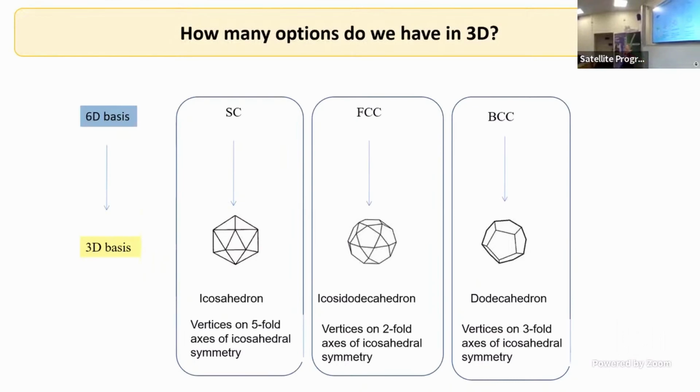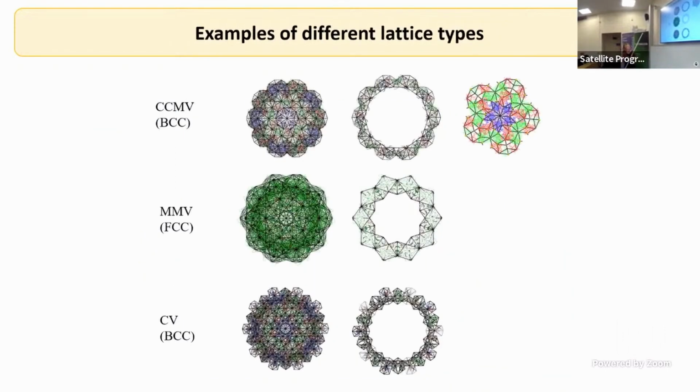That can be answered by the lattice theory in the high-dimensional space again. We know that there are only 3 lattices in 6D that have icosahedral symmetry: simple cubic, face-centered cubic, body-centered cubic. Now project the lattice basis into the 3-dimensional model space, and what you are getting is a shadow, which is an icosahedron or a dodecahedron in this case. That's relevant because that's what we need to look at.